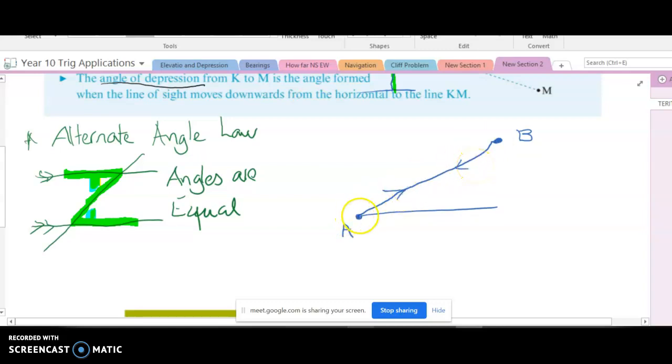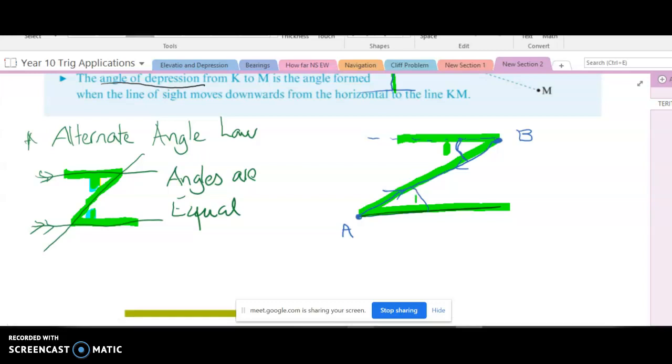And remember, angle of elevation is measured from the horizontal. And this is where it's important you don't make this mistake. Do not do the vertical line, do the horizontal line, the angle of depression from B. And you can see that we have that letter Z. In other words, these two lines are parallel, so these two angles must be the same. So that's a useful rule.